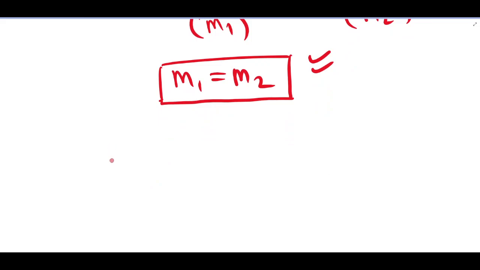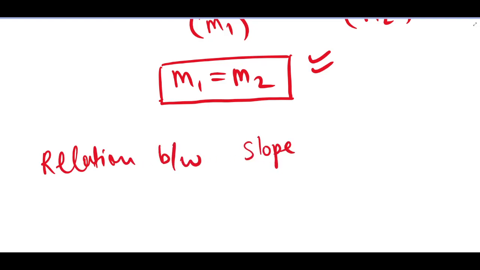Next is the relation between the slopes of lines when two lines are perpendicular.